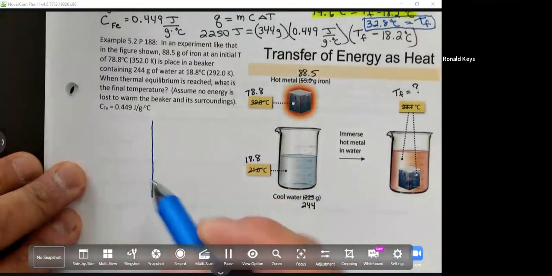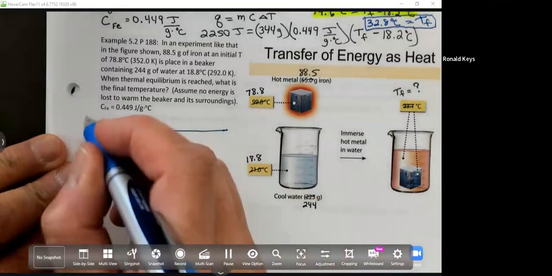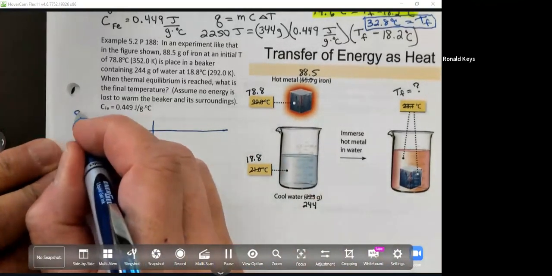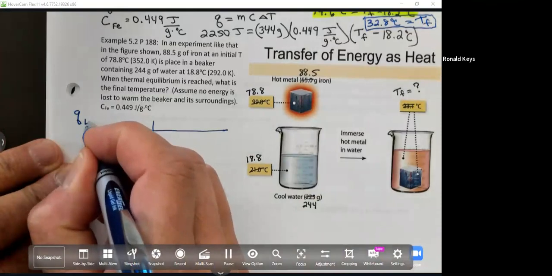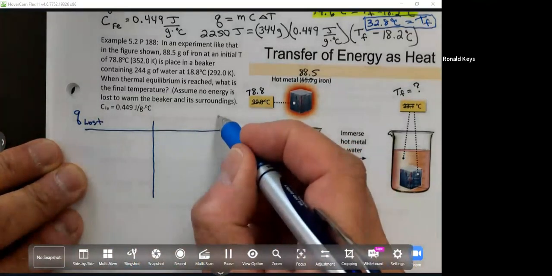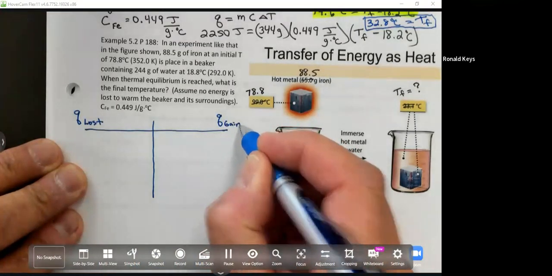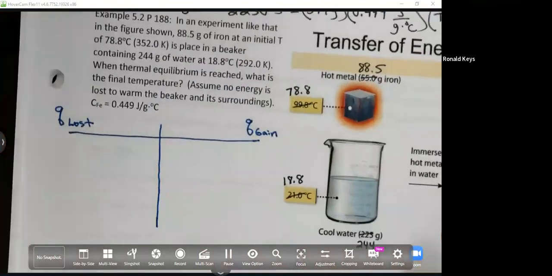Q lost, the heat energy lost, is going to be the heat energy gained. Conservation of energy.